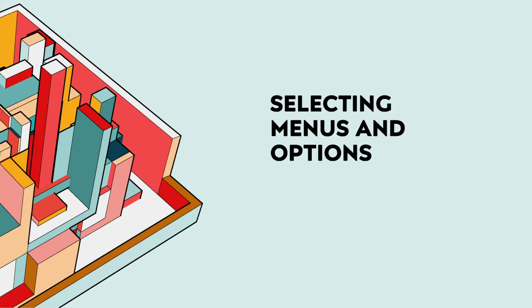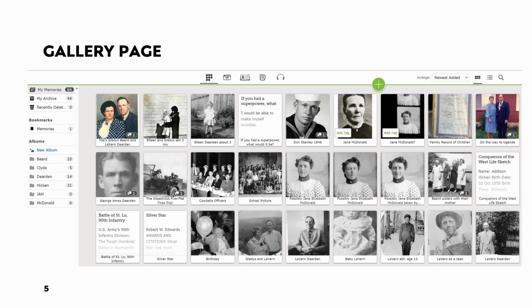So how do you select the menus then? As you could see, there were several different items on the menus, and we'll look at that. How do you select those menus and the options? So back to the page, you can see up here at the top, there's the menu right here at the top. And then on the left, this isn't really a menu, but you have a list over here on this side.